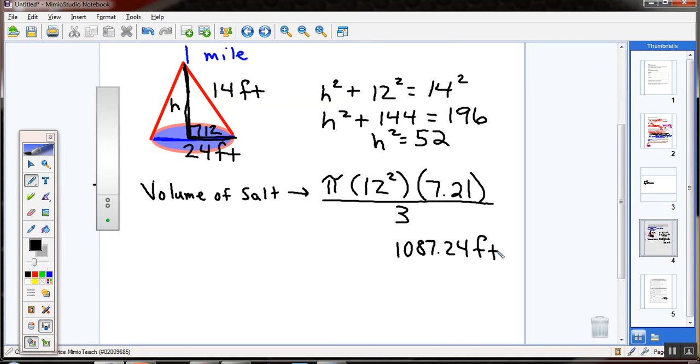I'm going to write down that this is the volume of the original pile. The original pile is 1,087.24. What kind of unit should this be? It's volume, right? So it should be cubic feet.